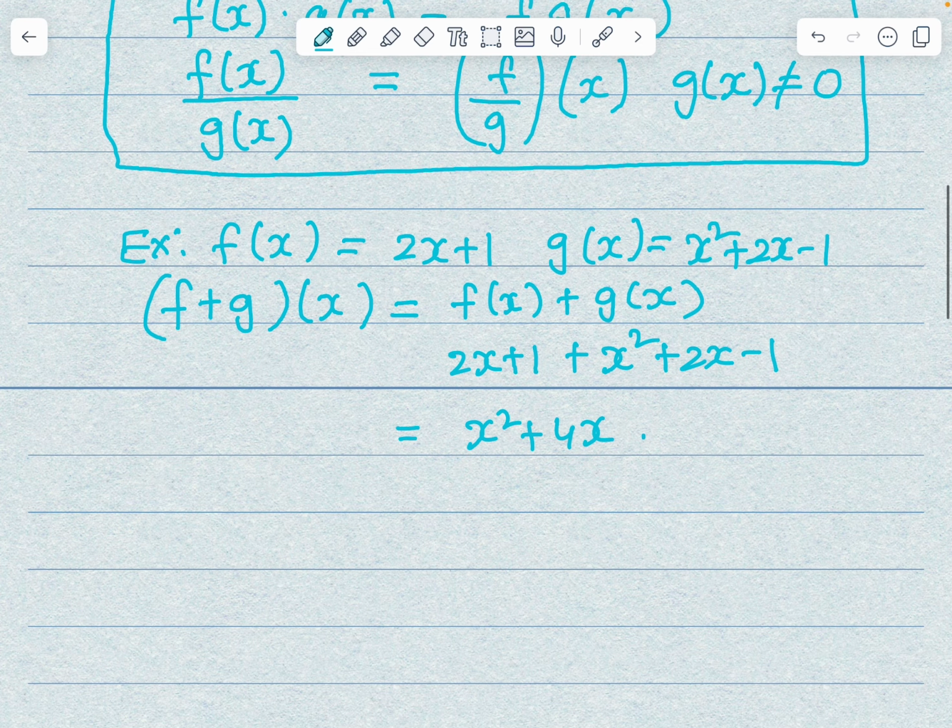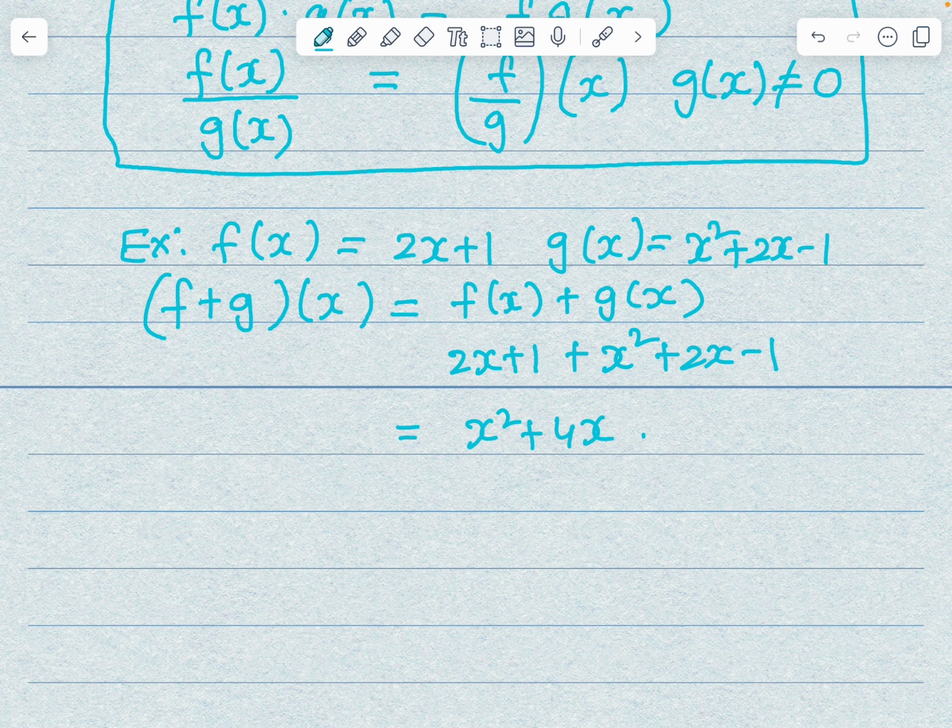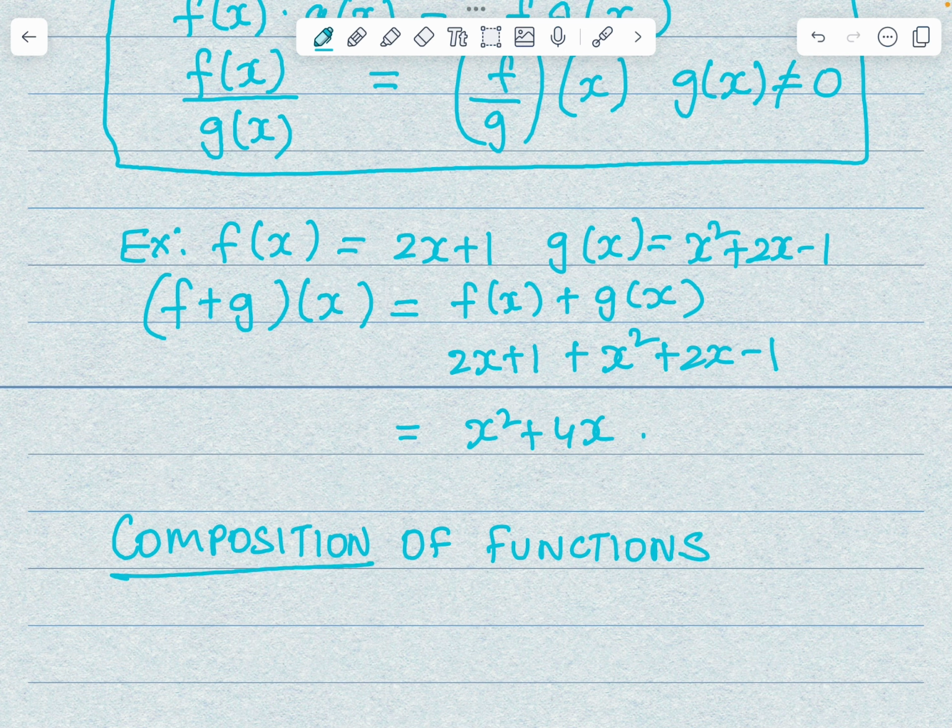Okay, so now to the real point of this lesson, which is composition of functions. Composition of functions is needed because, let's take a simple example to understand this.